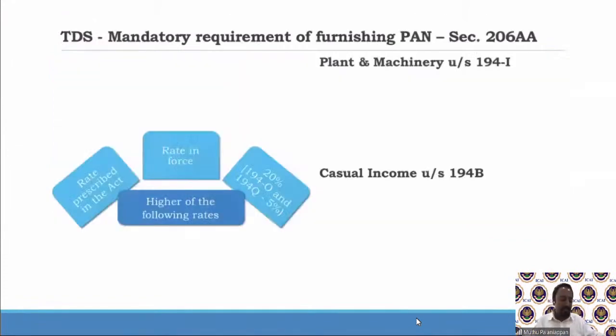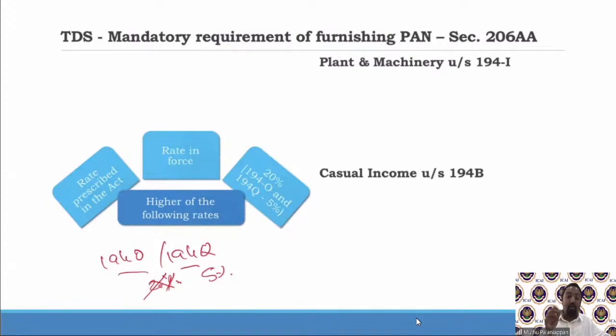We'll see one more section, that is 206AA. We said the rate prescribed in the Act or rate in force or 20%, whichever is higher. For two sections, that is 194O and 194Q alone, you have a different rate. Instead of 20%, it is 5%. For everything else, 20%. So when no PAN is furnished, this will be applicable. What is rates in force?